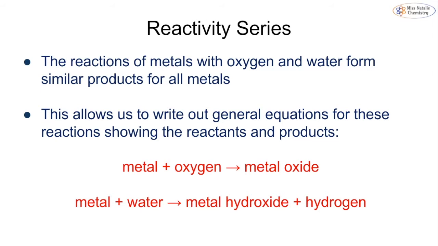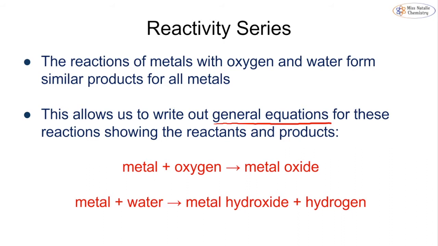Now, because we have these metals reacting with oxygen and water in very much the same way every time, we can write out something called a general equation. What this means is that when I react any metal with oxygen and it reacts, I'm going to make a metal oxide.